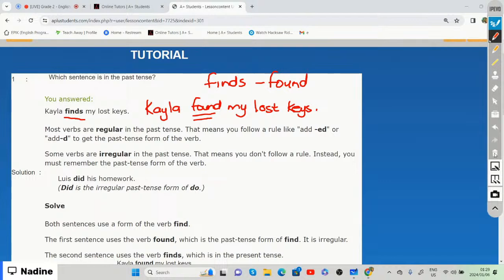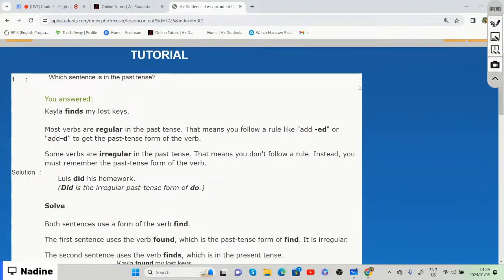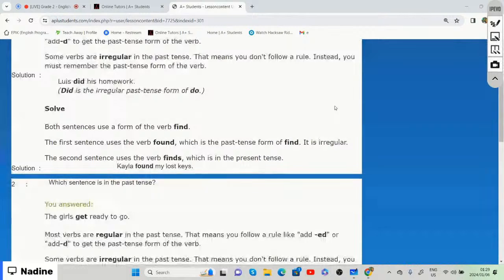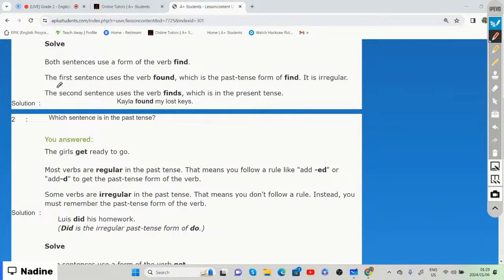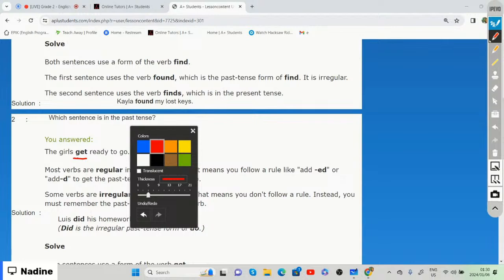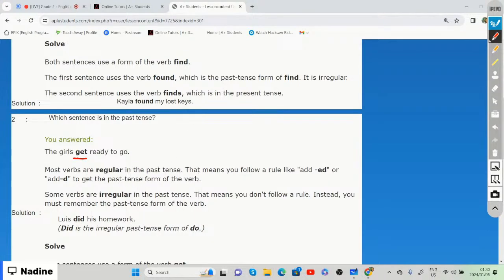All right. Let's go on to the next one. The girls get ready to go. We need to basically find the past tense of get. So the girls get ready to go, which is now.